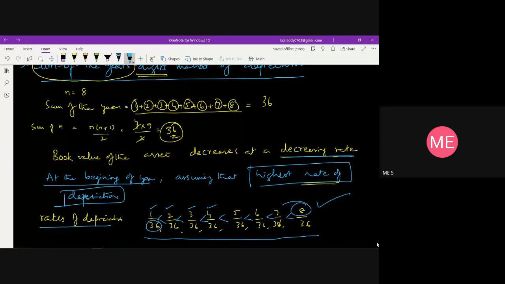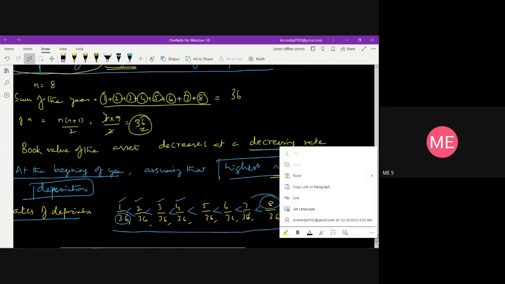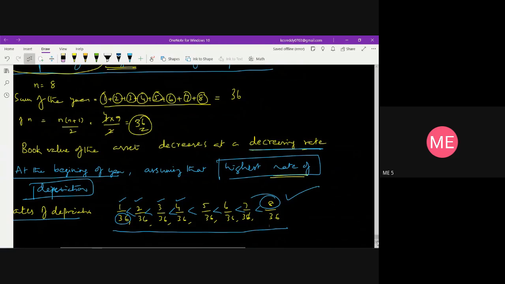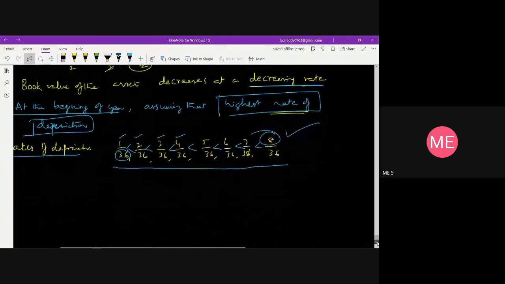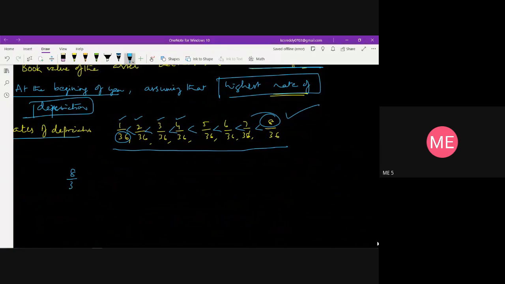Means if you take this in a column, a rates of depreciation column, we need to add that calculation part. So first we need to take 8 by 36 as the beginning, then 7 by 36, and then 6 by 36. Like this it will keep going. At the end of the first year, this rate of depreciation will be taken into calculation.